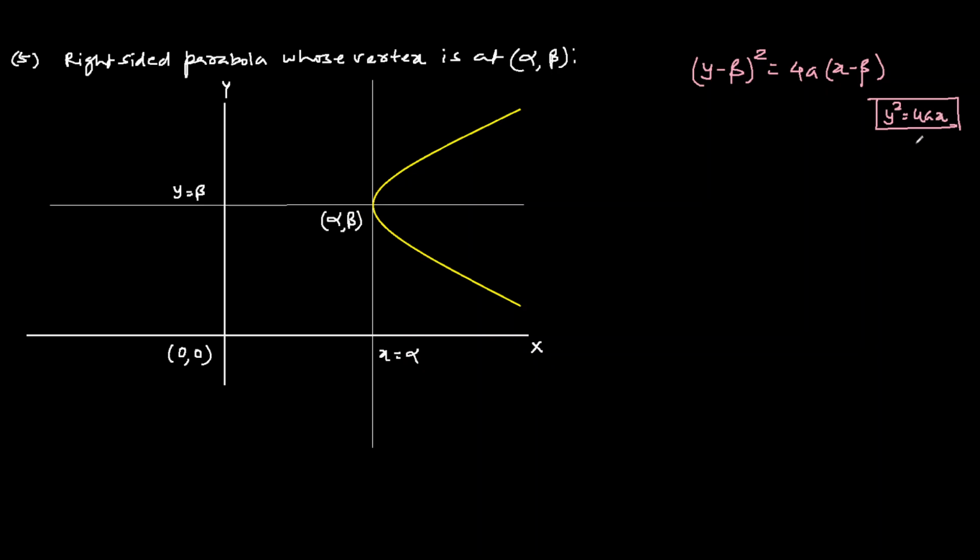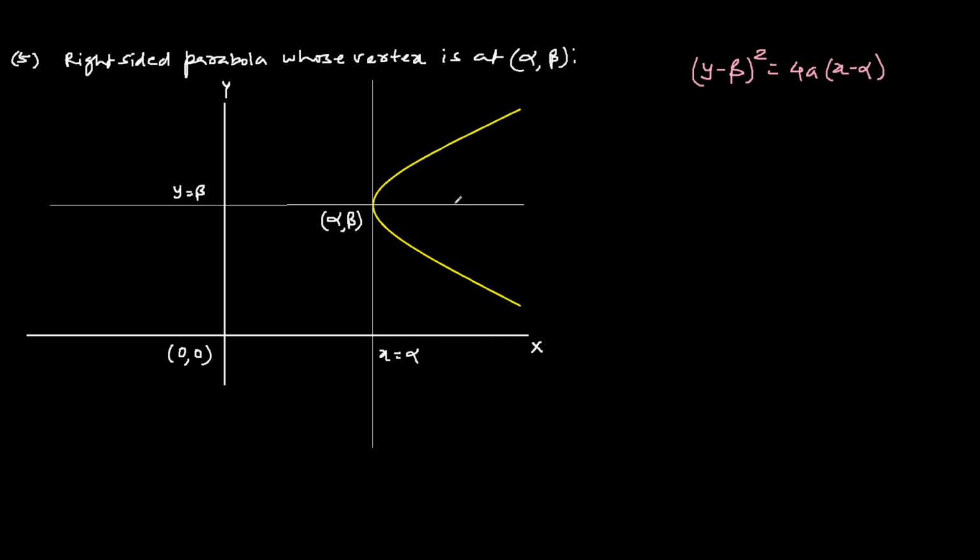But now the vertex is shifted to alpha comma beta, so y is shifted by beta and x is shifted by alpha. So (y minus beta) whole square equal to 4a (x minus alpha). This is the equation for the right-sided parabola whose vertex is at alpha comma beta.